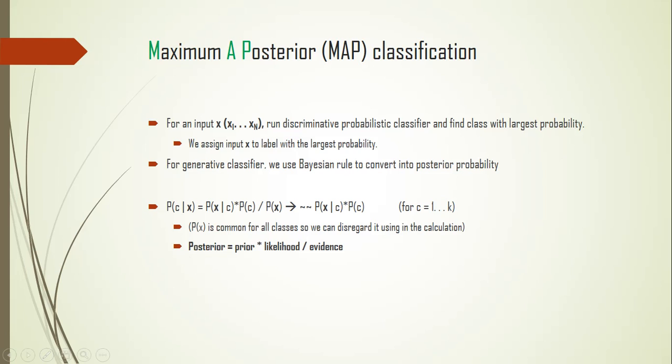In this case, the probability of the class C given X is equal to the probability of X given class C multiplied by the prior probability of class C, divided by the probability of X. Since P(X) is common for all the classes, we can disregard it in our calculation, considering it as a constant value.